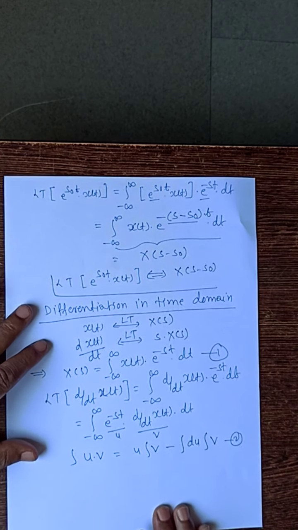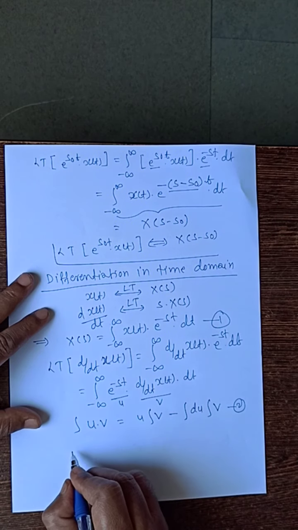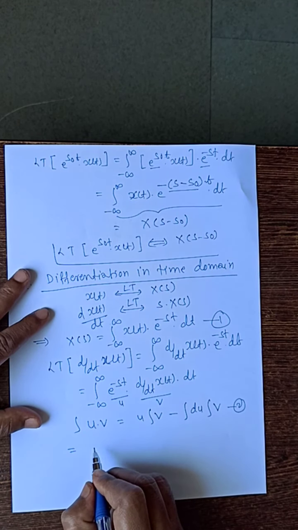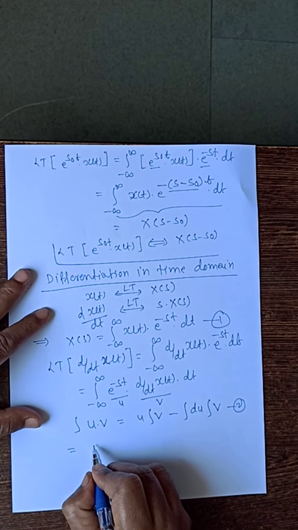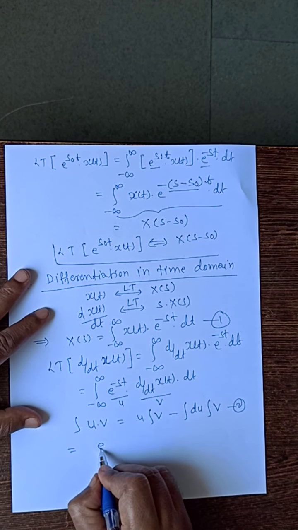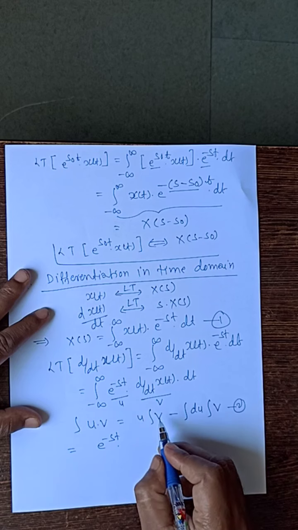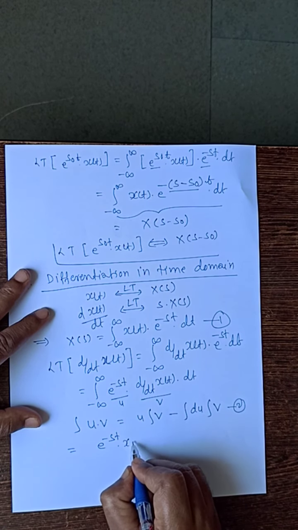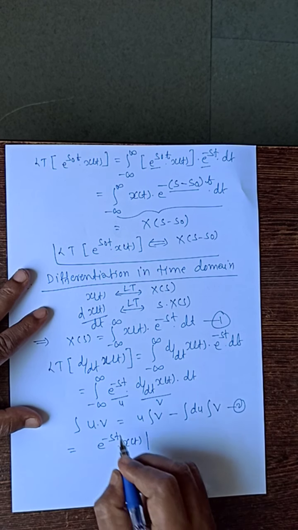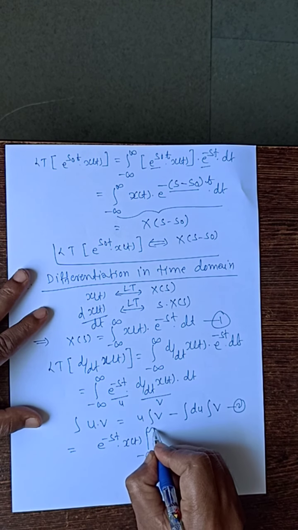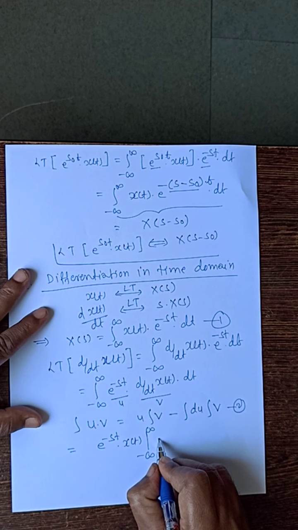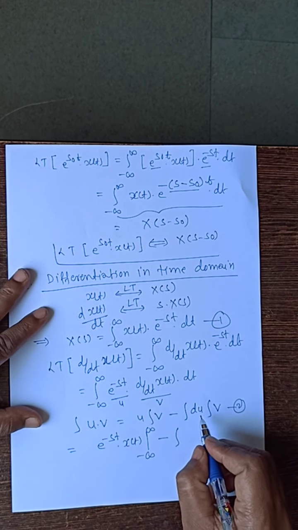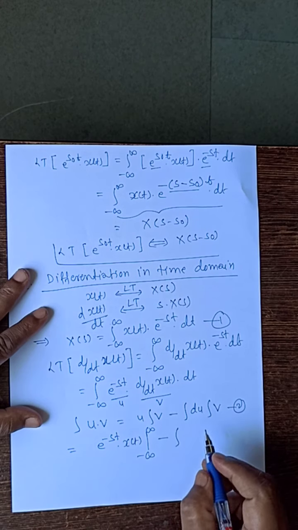So using this rule, u is e raised to minus st, into integration of v. Integration and differentiation are going to be cancelled, so that is x of t, with limit minus infinity to plus infinity, minus sign, then the integration sign as it is, du, that is the differentiation of u.